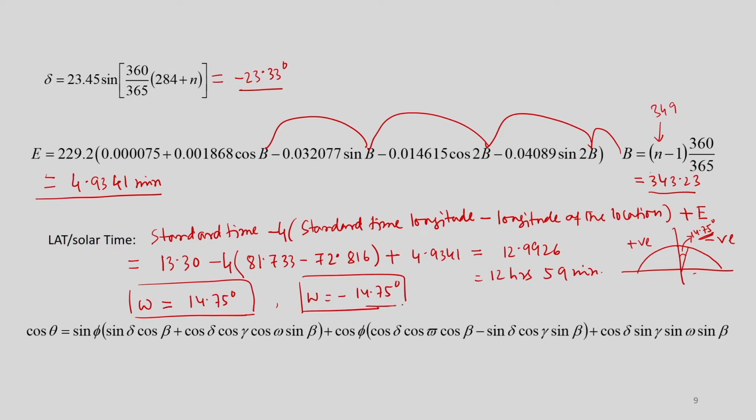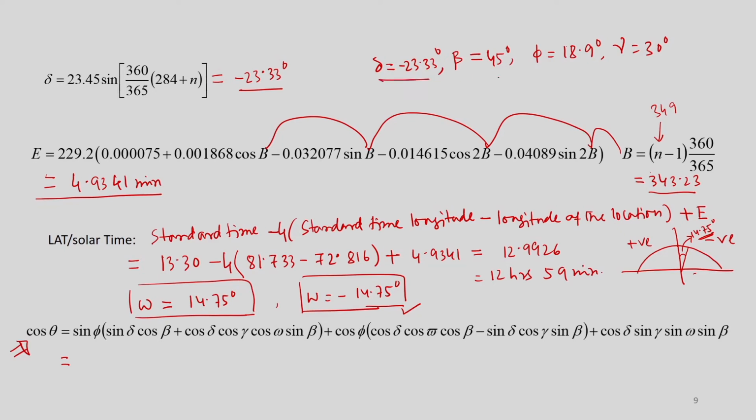Now what we will do, we will substitute the value of omega in the original equation. This cos theta, this theta is a function of many angles. If you substitute all the values here, because all the values are known to us now: omega value is known, beta is 45 degree, phi we have calculated as 18.9 degree, gamma is 30 degree, and delta is minus 23.33 degree.